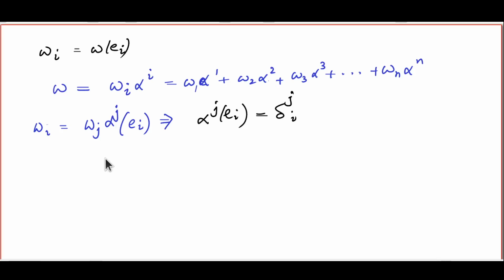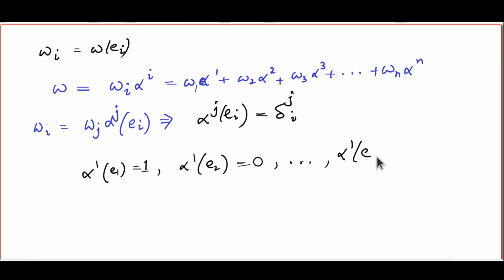Now, just to summarize, our basis vectors for the covector space would be something like this. Alpha 1 would be a linear map, a covector, which acting on E1 gives you 1, acting on E2 gives you 0, in fact gives you 0 acting on every other E_i.